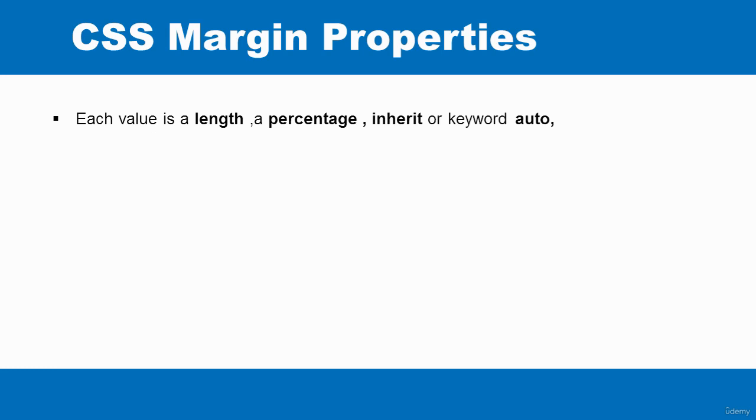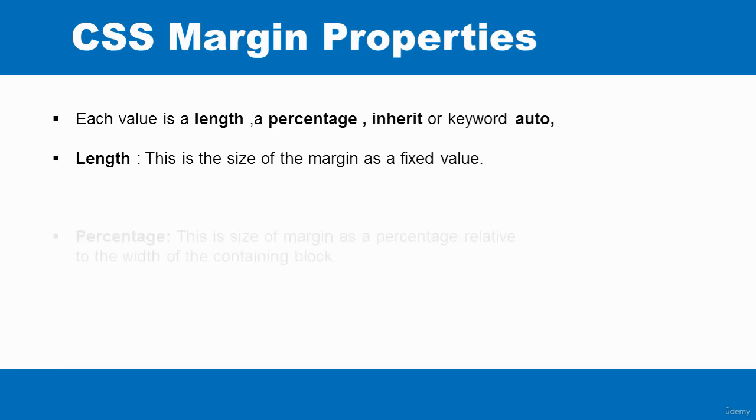The length basically specifies a margin in pixel, point, centimeter value, and so on, depending on whatever unit of measurement you are using. But it basically specifies a margin in whatever measurement you are using, which basically refers to the size of the margin as a fixed value.